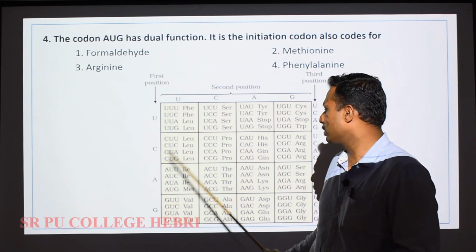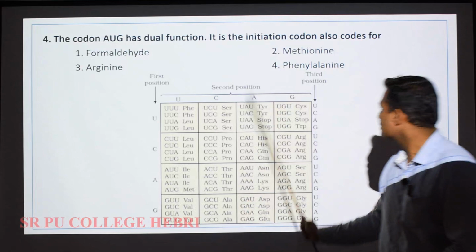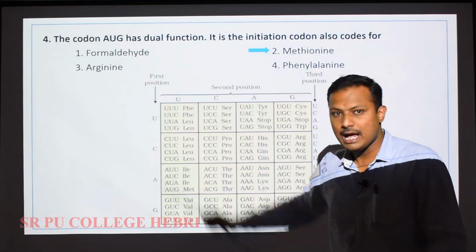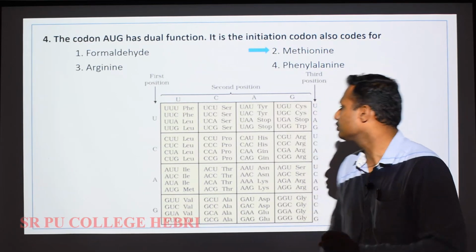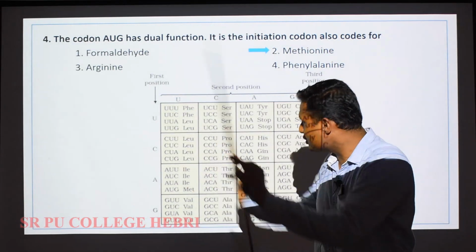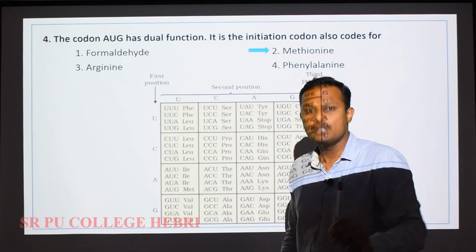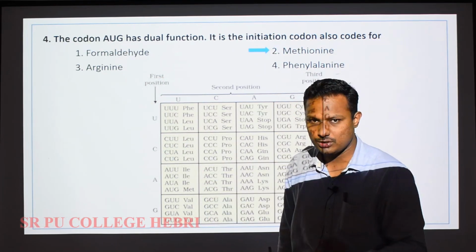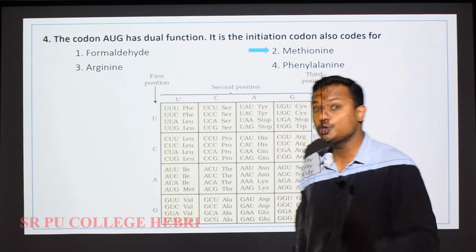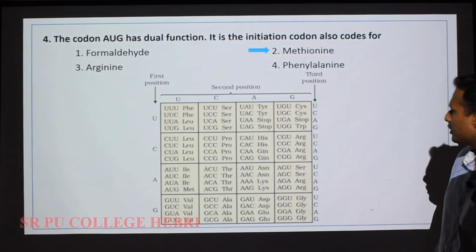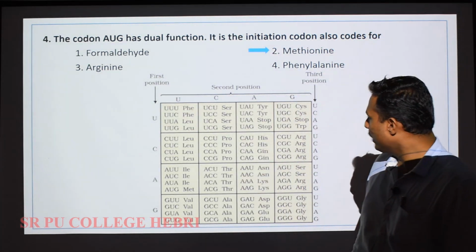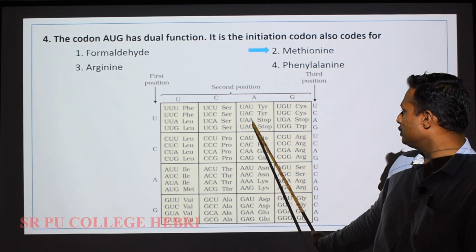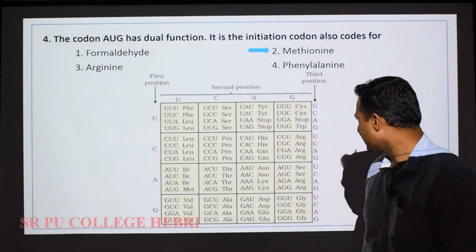Try to remember the chart, and the answer for this is methionine. Right? This is the only codon having the dual functions. If you cannot remember the complete chart, then remember a few basic things about the chart. One is AUG, the start codon with dual function. The other is the stop codons. Which are the stop codons? UAA, UAG and UGA, right?